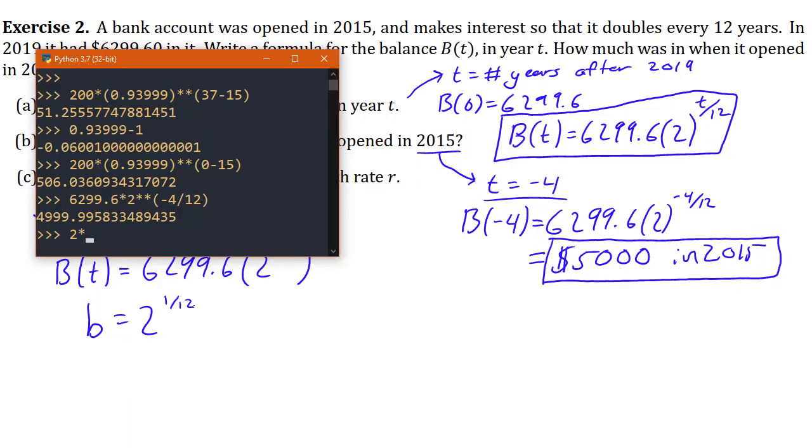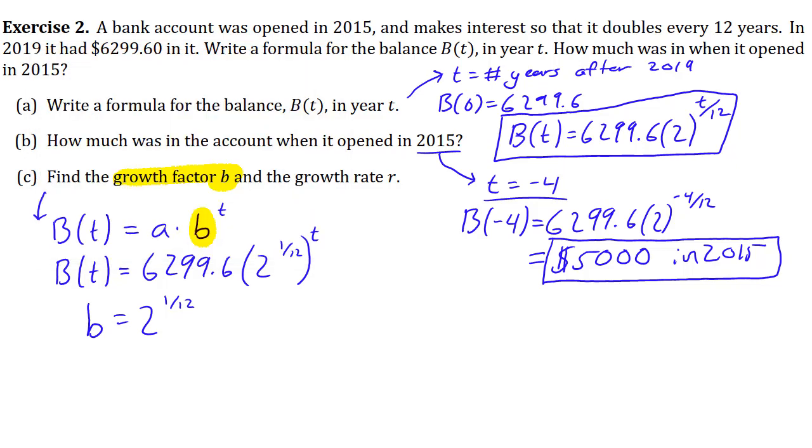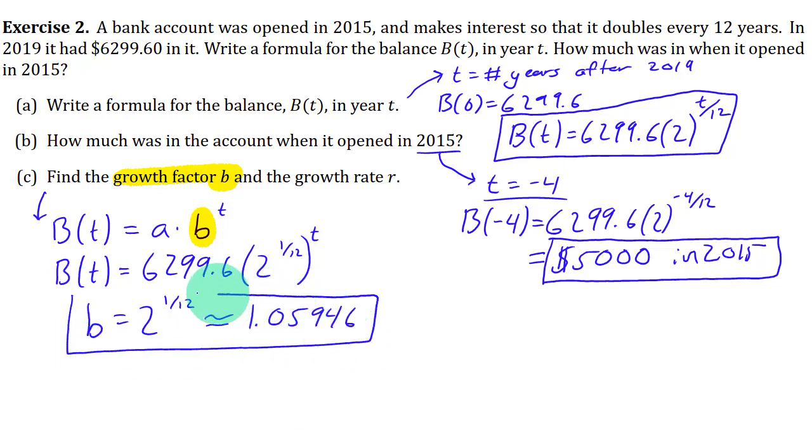Probably want to get it as a decimal here, which is 1.05946. So that's the growth factor. Now the growth rate r, just like in 6.2, means we want to write this as 1 plus r.